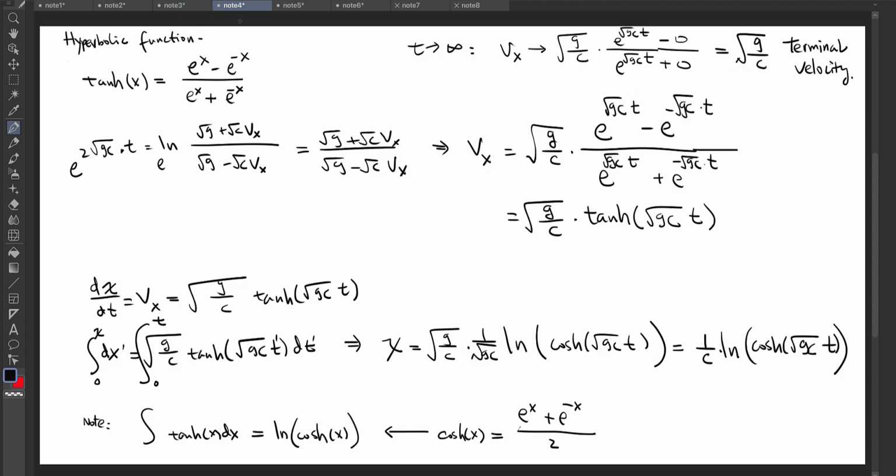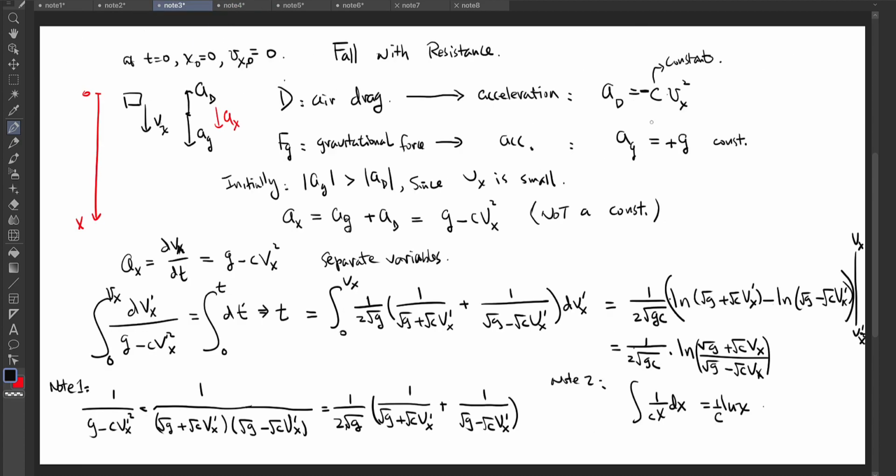But you can also actually figure out this terminal velocity before we did all these methods. We can look at this equation here. The terminal velocity means the final velocity when it's not changing anymore, right? So if in the end Vx is a constant, then that would mean the total acceleration will be 0.